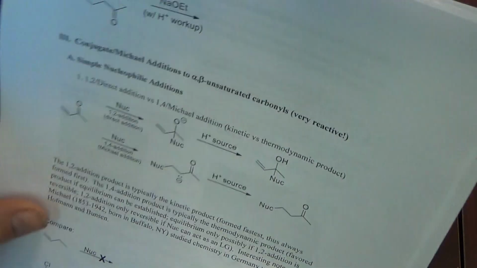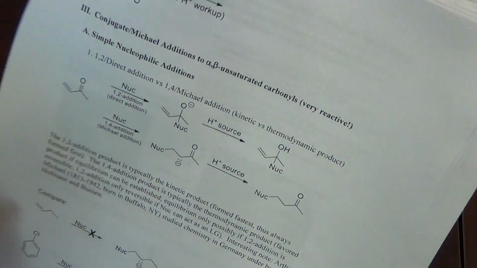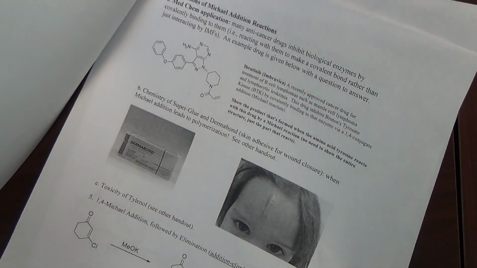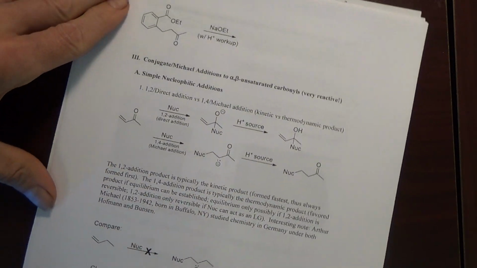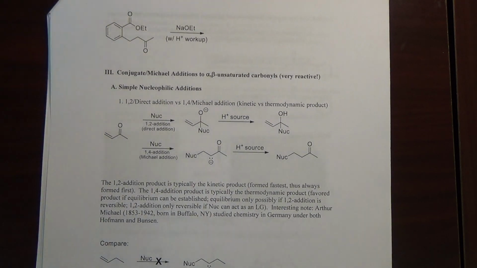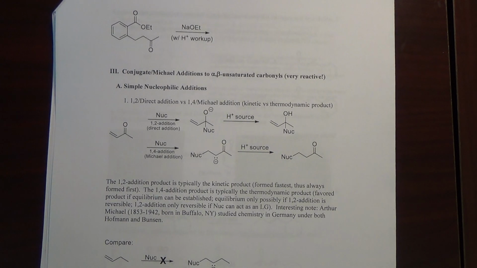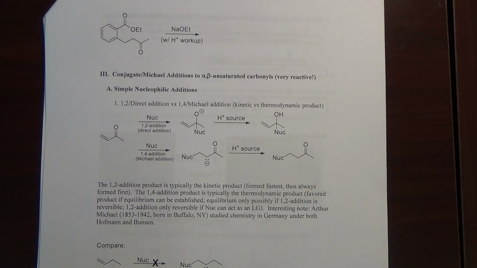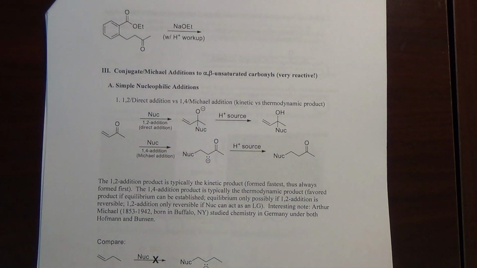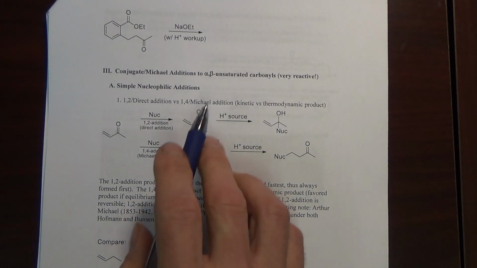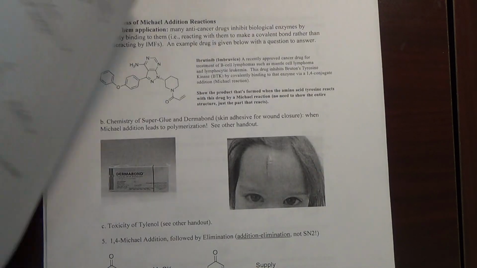We're pushing towards the end of this handout here. Next big topic after the Claisen will be the conjugate or so-called Michael additions of alpha-beta unsaturated compounds.